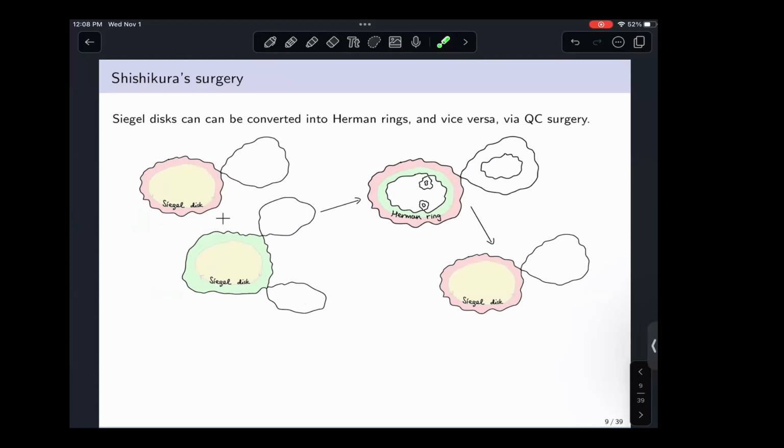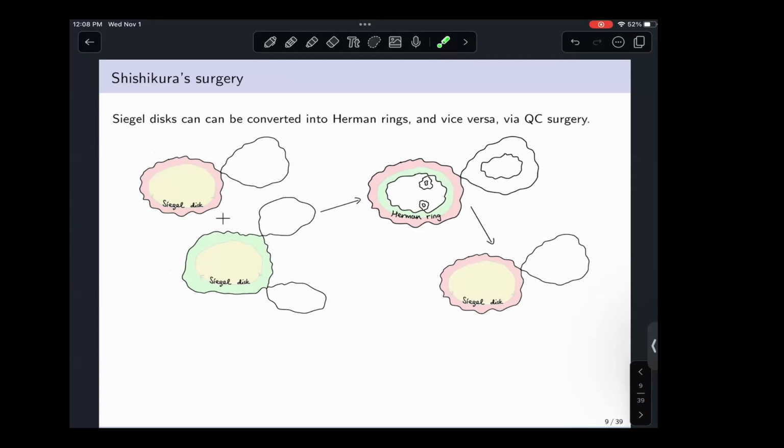And you pick an invariant curve inside, you pick another invariant curve inside, and what you want to do is delete the disk inside of it. You only care about the dynamics outside of the invariant curve, and what you do is you basically glue along this invariant curve together. So these two dynamical systems are glued together.